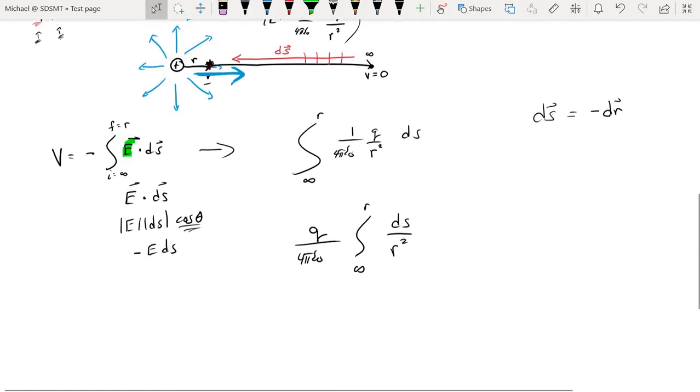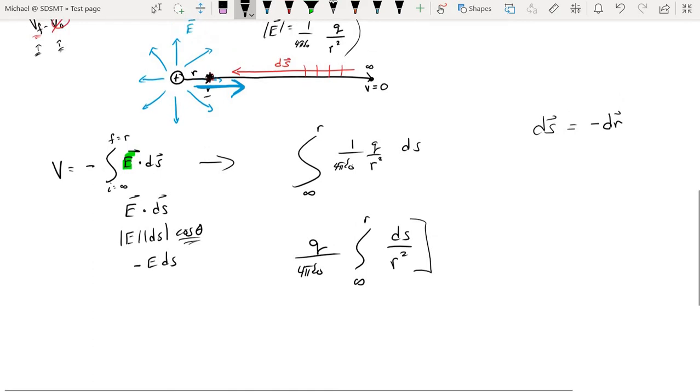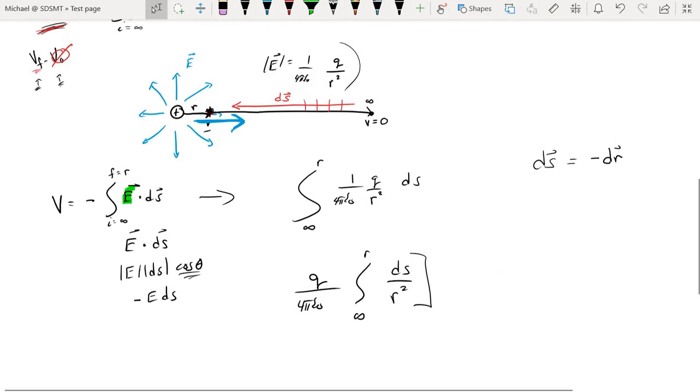And so my integral, which technically has two different variables in it, s and r, I need to rewrite it in terms of just one of those variables, and r actually makes far more sense than any of the others.